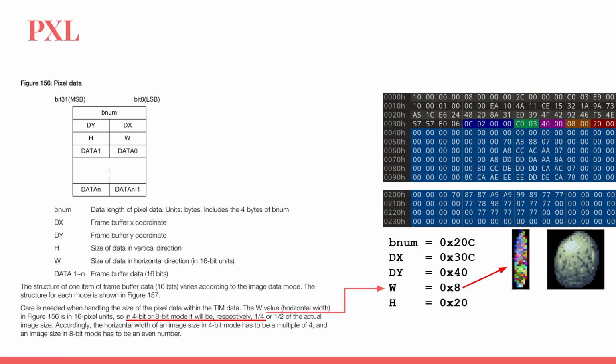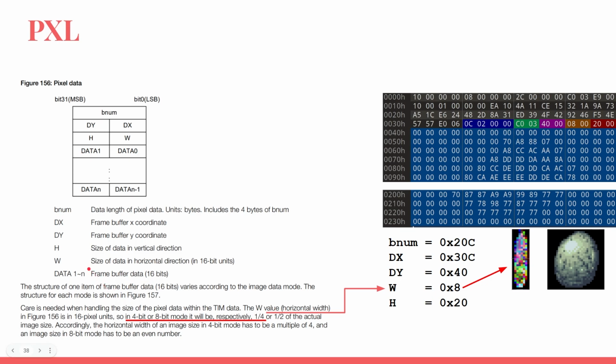Now, one thing that you have to keep in mind is that this width value does not actually correspond to how wide the actual image is. It's how many pixels it takes up in VRAM, and those pixels are 16-bit wide. When we were looking at the color palette, this width value did match up to the width of the color palette.